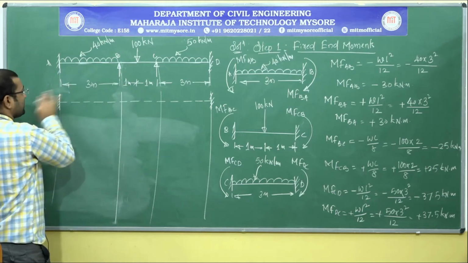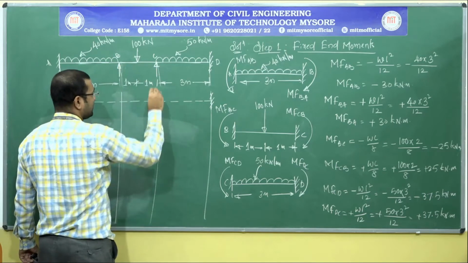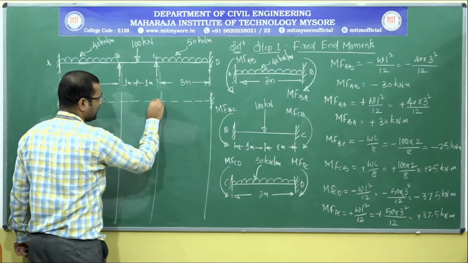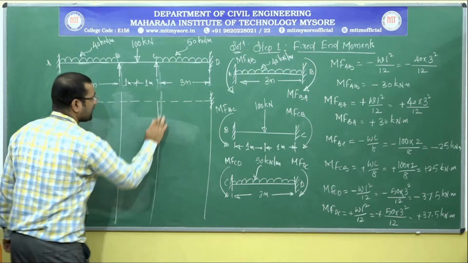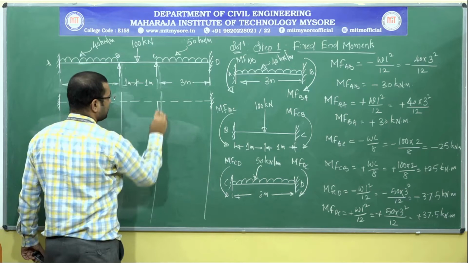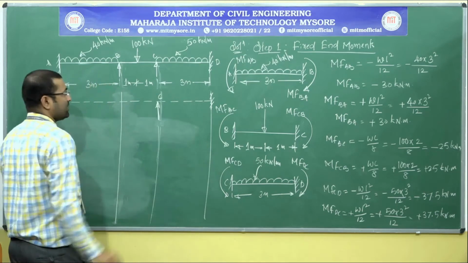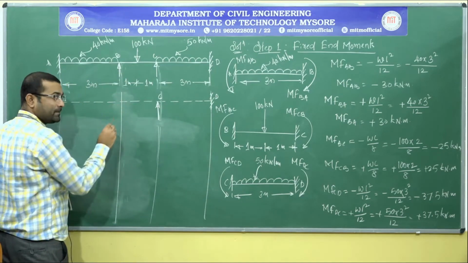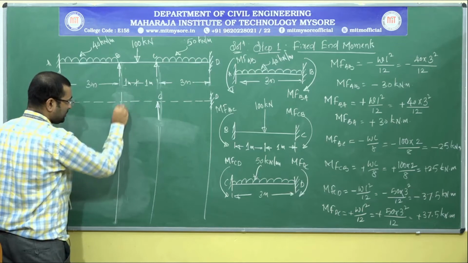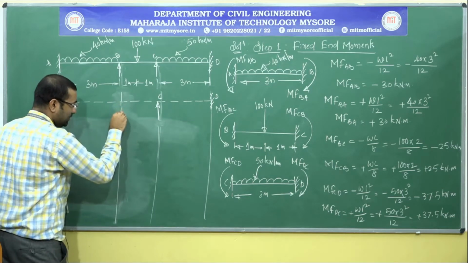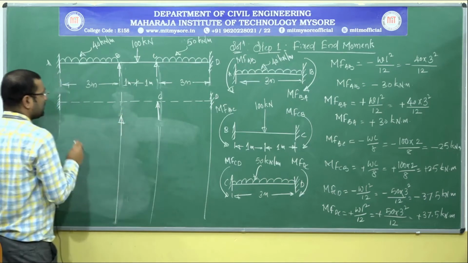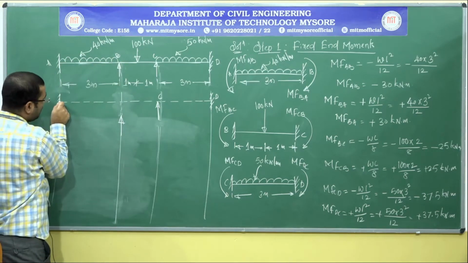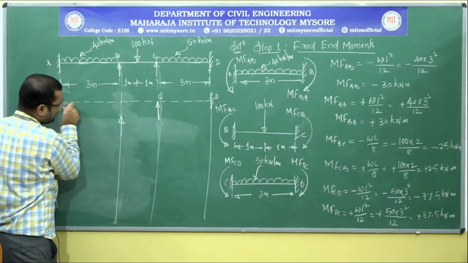But support B is sinking, so it affects support C also. Whereas as this support is sinking, instead of being at the original position, it will go down somewhere here. So because of this sinking, the span AB has changed its position something like this.